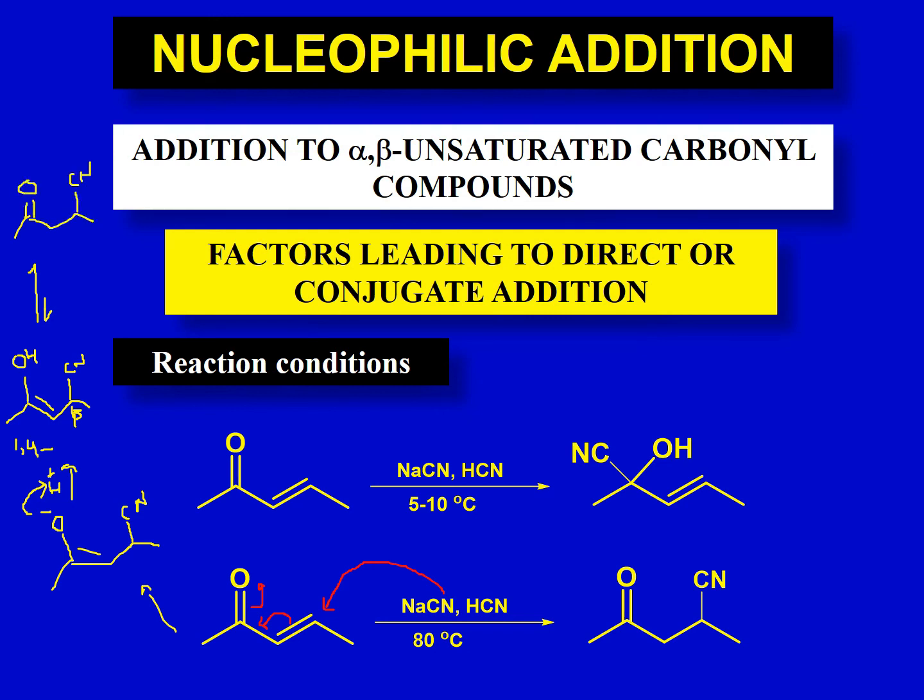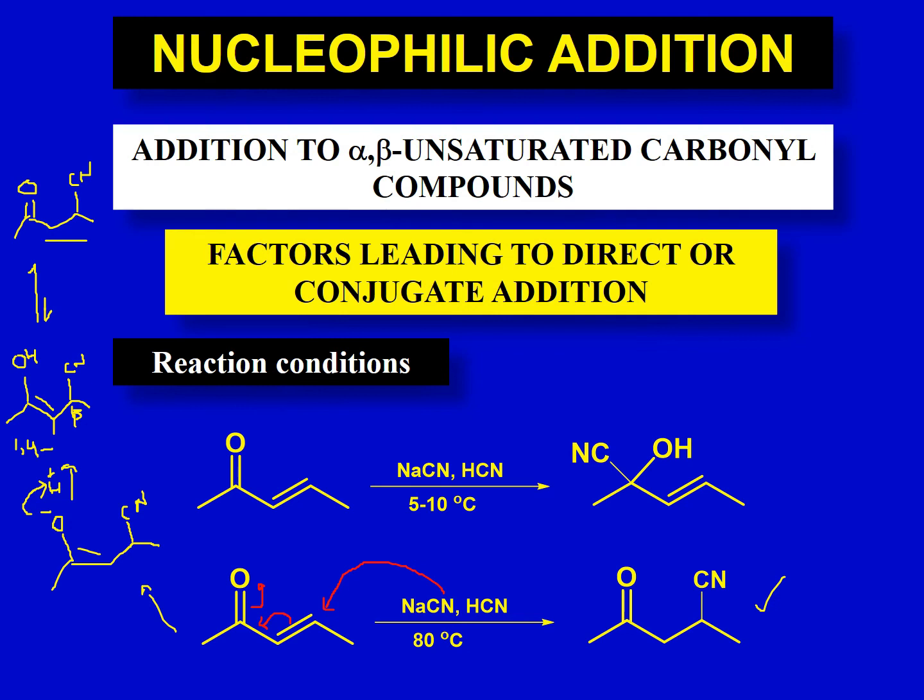Because of this tautomerism, the hydrogen from oxygen shifts from this oxygen to this alpha carbon, and so we finally have this product as a ketone having a cyanide group at the beta position. So don't take it as 1,2 addition; it's primarily a 1,4 addition, but after tautomerism, it would seem like a 1,2 addition product.